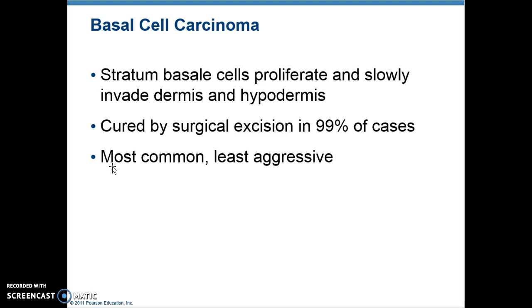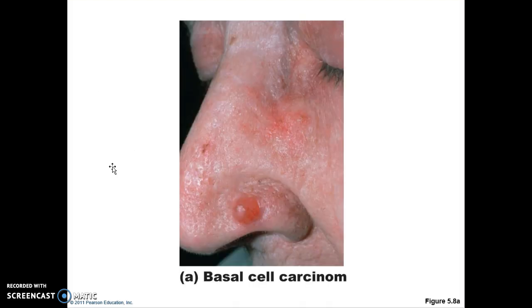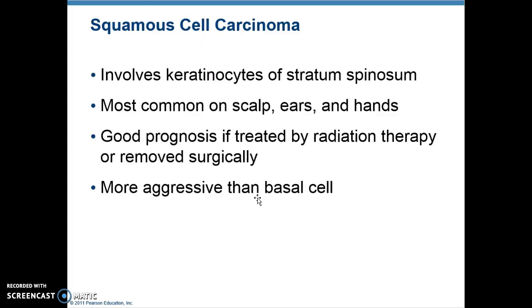Fortunately, this is also the least aggressive, so it doesn't usually lead to full-blown cancer that would invade other tissues and affect your health. This right here is an example of a basal cell carcinoma. It tends to be more prominent on the nose and face. I'm not sure why. Probably UV exposure on those parts of your body.